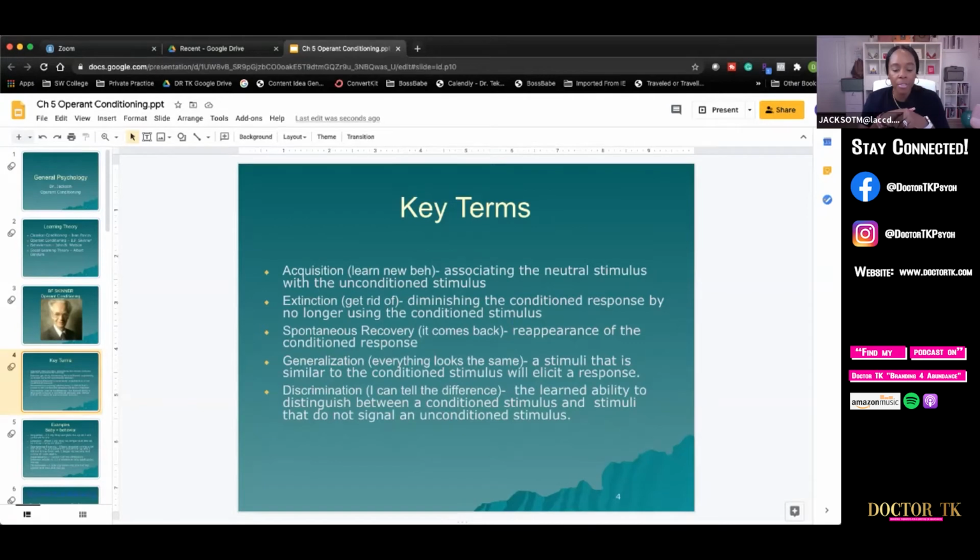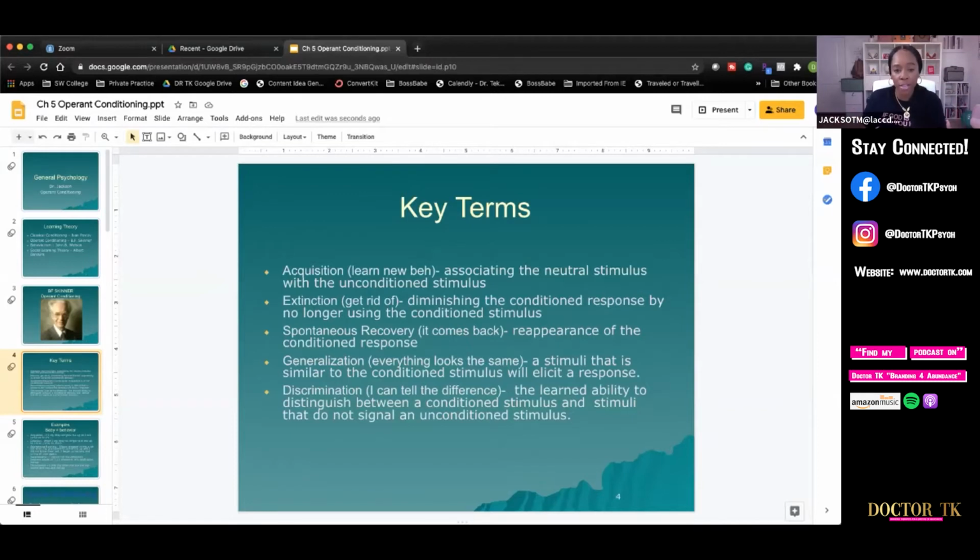Spontaneous recovery means that you have taught someone a new behavior, and you suppress the old behavior that you didn't want, and somehow the behavior comes back, okay? The textbook definition says reappearance of the conditioned response. So let's just think about habits.